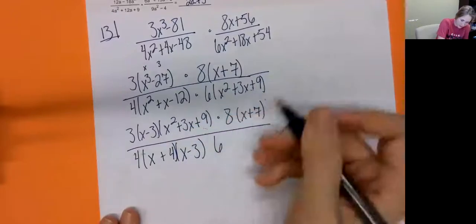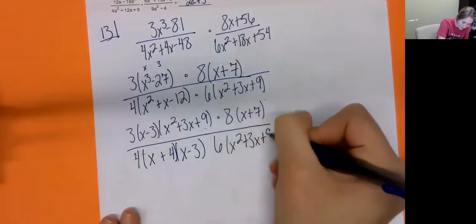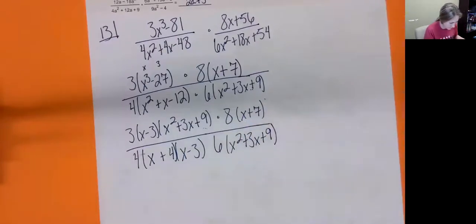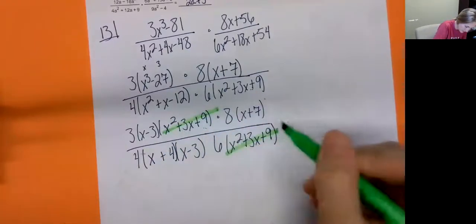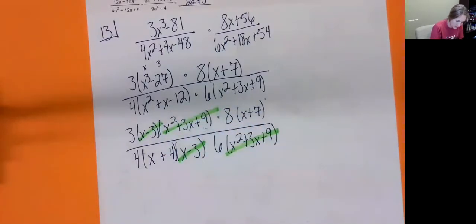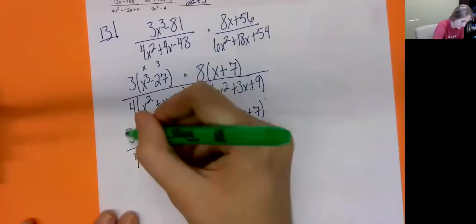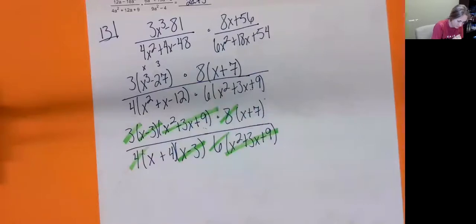This is the same thing as this, so I'm not going to factor it. I'm going to just cancel it out. Okay, cancel time. So I can cancel this one and this one and this one and this one. And then 8 times 3 is 24 and 6 times 4 is also 24. So our numbers are actually all going to cancel as well.